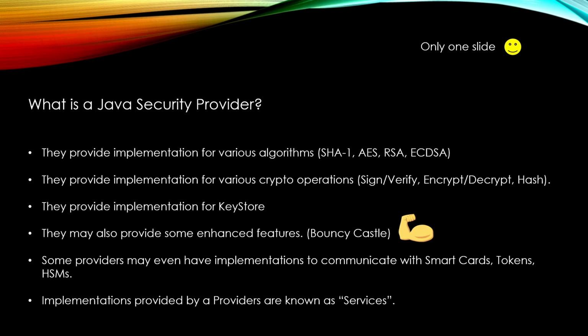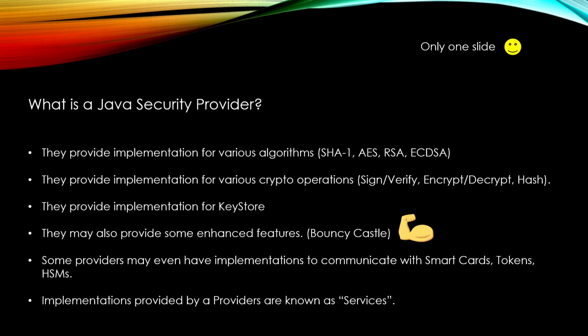They may also implement various crypto operations such as sign, verify, or encrypt, decrypt. They may also have their own keystore implementation. Some providers even allow a Java app to talk to a smart card or a hardware security module. Now, based on your use case, you could decide which provider suits you best.